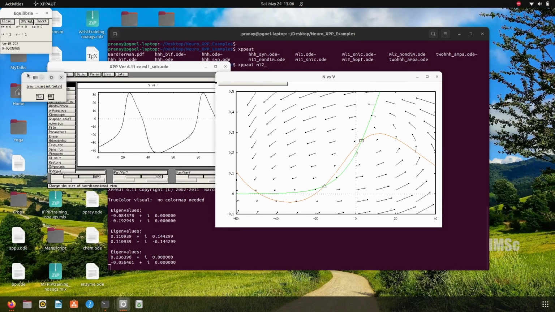Let me first tell you a little bit about the behavior over here. For those of you who know a little bit about eigenvalues, if you look at the eigenvalues corresponding to this, there's no imaginary part, that's 0. One of them has a positive eigenvalue, the other one has a negative eigenvalue. What this tells us is there are two directions around it, there are two vectors.